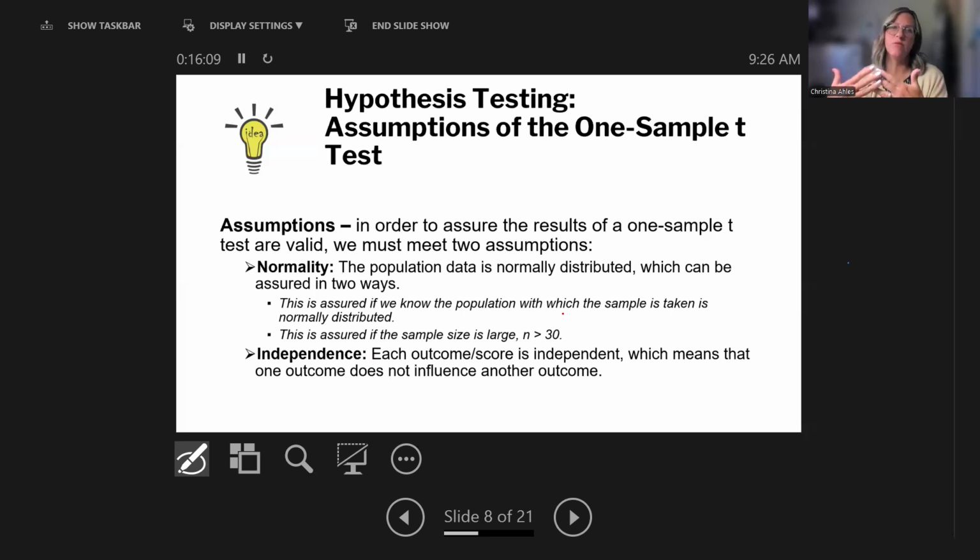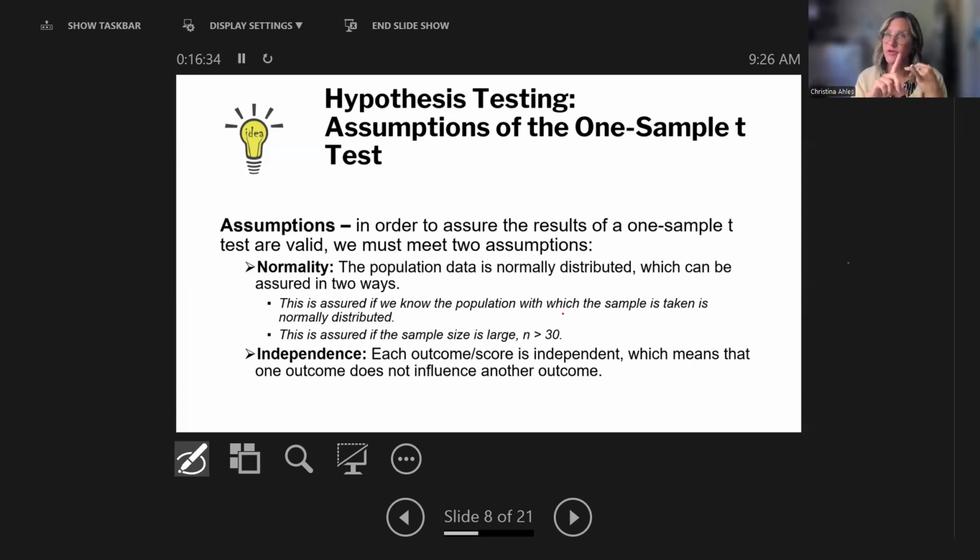They're hindered in some way. Either you aren't getting significance because you didn't meet assumptions or something to that extent. So the first assumption with the one sample t-test is normality. The population that you take the sample from must be normal, which means a symmetrical distribution, a peak in the middle, tails on the end.